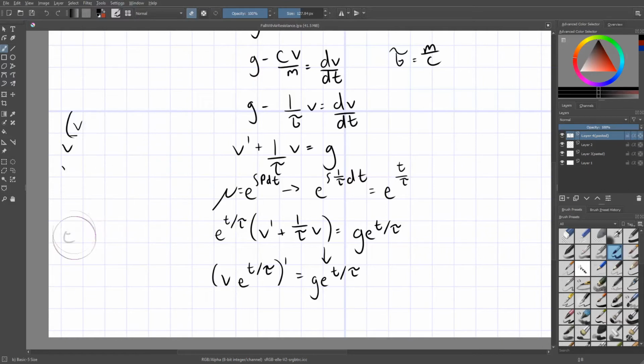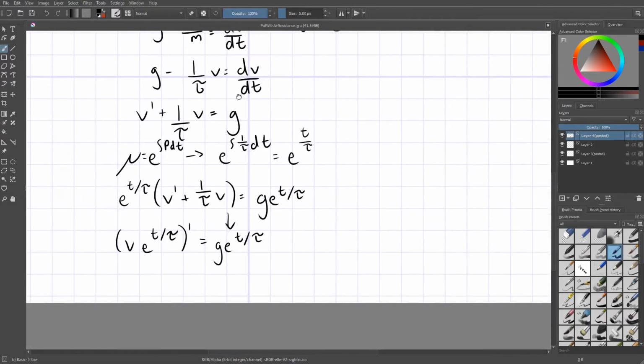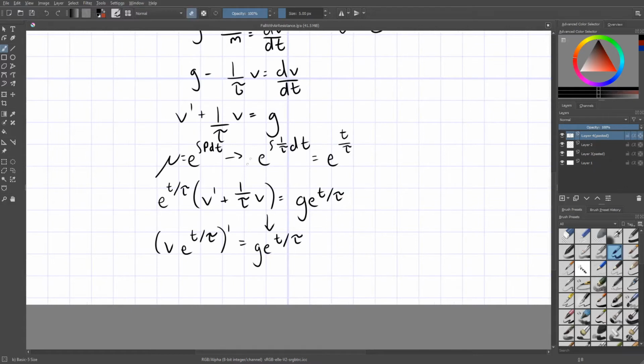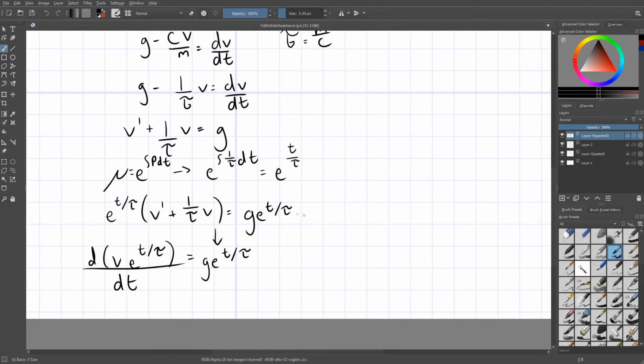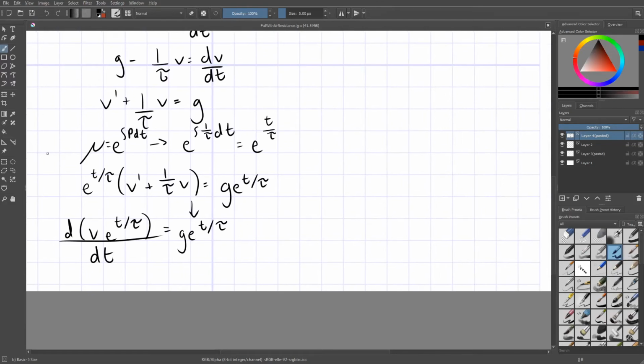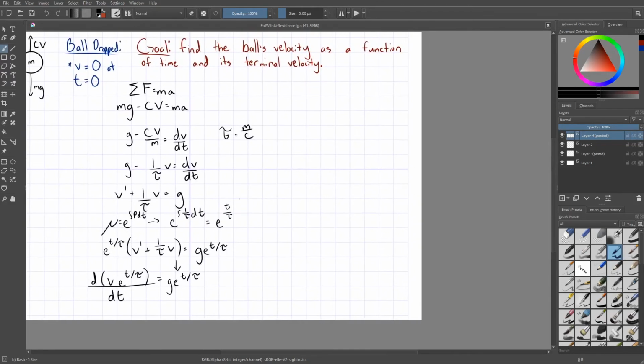Okay, so I'll delete that. And as I said, instead of writing this as a prime here, you can write this as d of that over dt, which means now I can separate it out, which I'll go ahead and write up here.